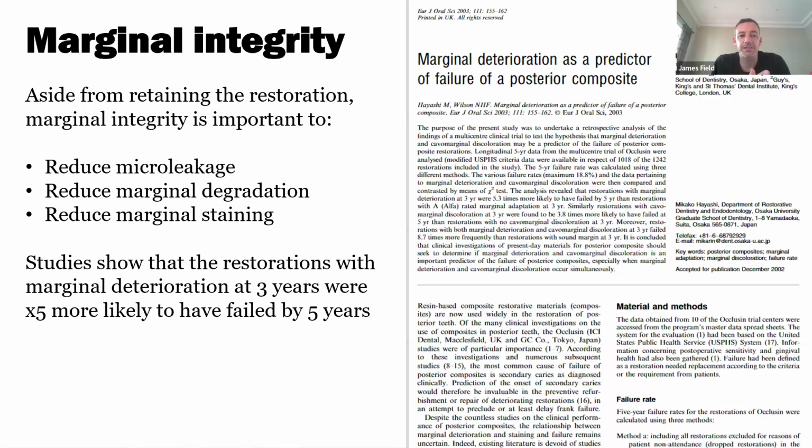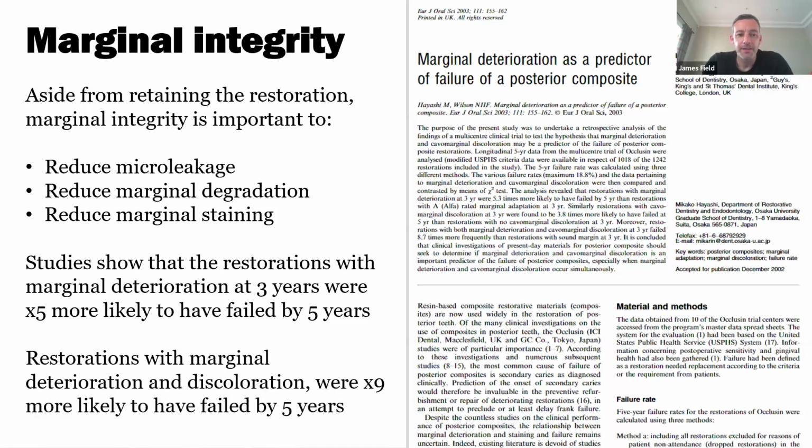And the studies that Hayashi did show that restorations that have marginal deterioration at 3 years were 5 times more likely to have failed by 5 years. And going further, the restorations that have marginal deterioration and discoloration were 9 times more likely to have failed by 5 years. So, I mean, this makes a lot of sense to me as a clinician, but also as an educator, when I'm trying to explain this to our students.